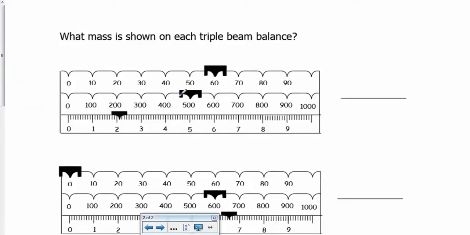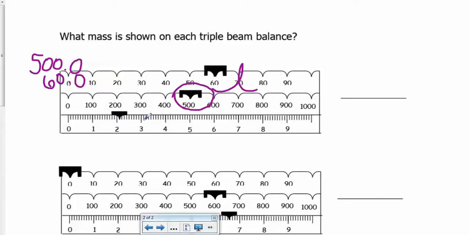All right, let's go to the next page and look at the triple beam balance. So once again, we're going to start in the middle with the biggest number. So we have 500. Put your decimal point so you can add and keep everything in order. So our next one we have is 60. My pen's liking to do crazy things today. And then our last one we have 2.